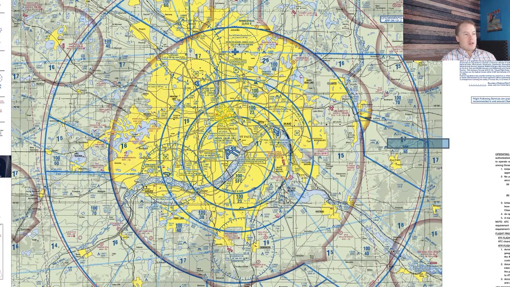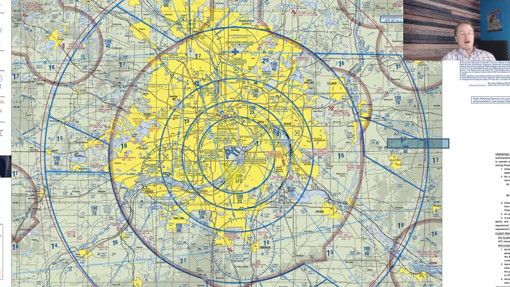So if we start in the middle here where the airport is, you can see that this section, the airspace starts at the surface. That's what the SFC stands for. And the Class B airspace extends all the way up to 10,000 feet MSL. So this top number is the ceiling of the Class B airspace. The bottom number is the floor of the Class B airspace.